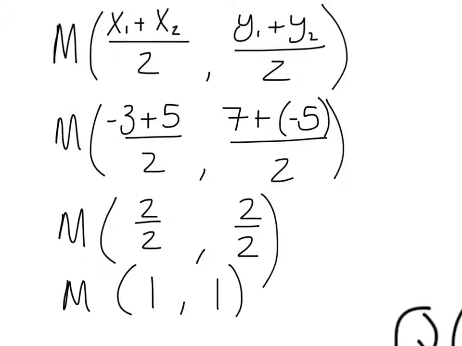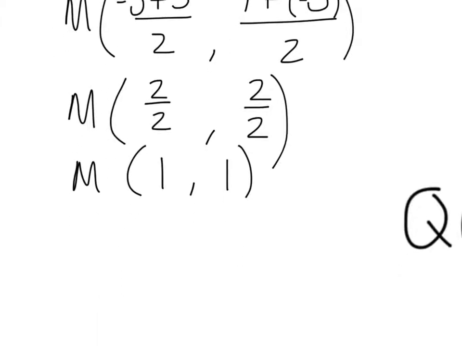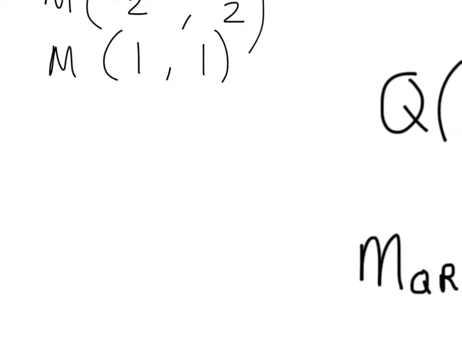So now that we have the midpoint, what we can do is use the midpoint along with the other point we know on the median, which is the point P. So we'll write that down here as well. That was (3, 11).